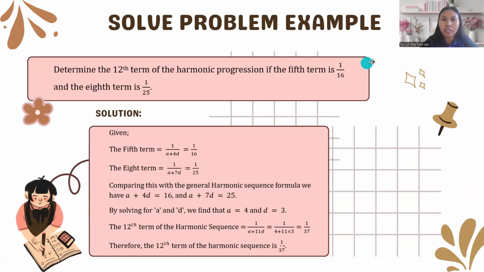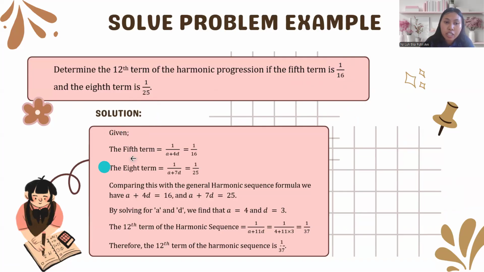This is a solved problem example for the harmonic sequence. Determine the 12th term of the harmonic progression if the fifth term is 1 over 16 and the eighth term is 1 over 25. Here is the solution.